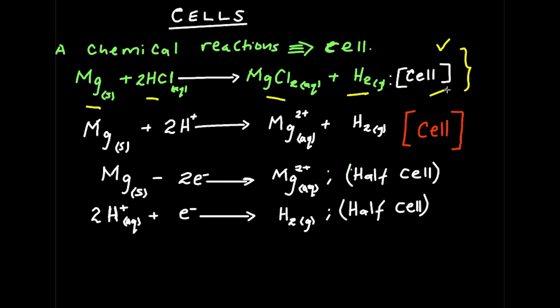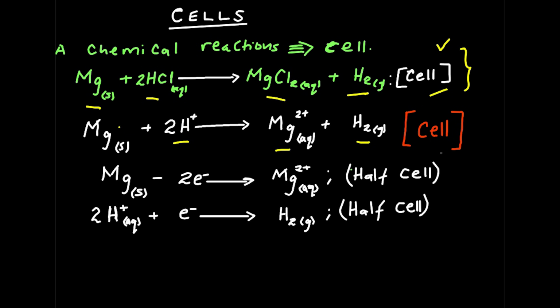If we write the ionic equation of that reaction, we have magnesium combining with hydrogen ions to form magnesium ions and hydrogen gas. This is a full cell. It is a complete reaction.